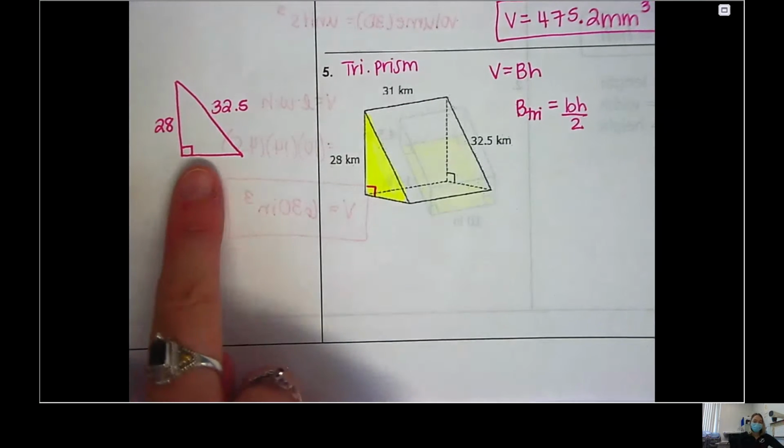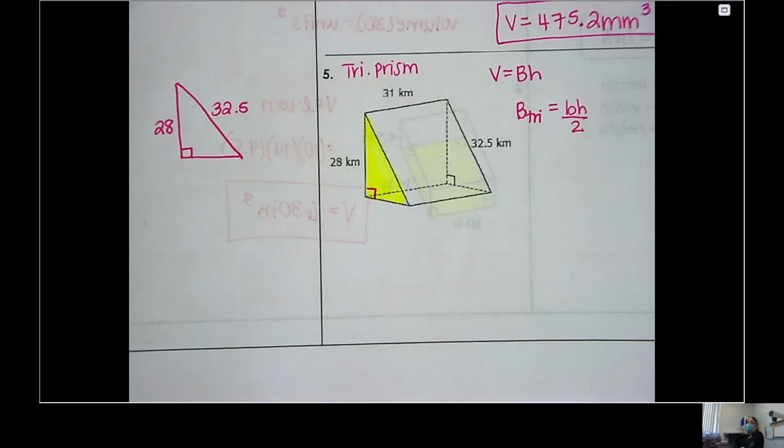Now, looking at this triangle, what would be the base of that triangle? What's the base of that triangle? Do you know the base of the triangle? Okay, what's the height of the triangle? 28 is the height.